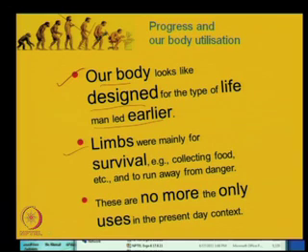Limbs were mainly for survival, as for example for collecting food and to run away from danger, but these are no more the only uses in the present day context.